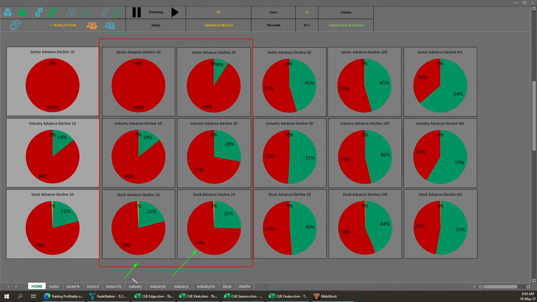So if those supports hold, I think very likely all these will turn green. And if the supports break, these are already red. 5 day will be more red, and I think 10 day and even 1 month may turn red if those supports break. So you may keep a close eye on that.